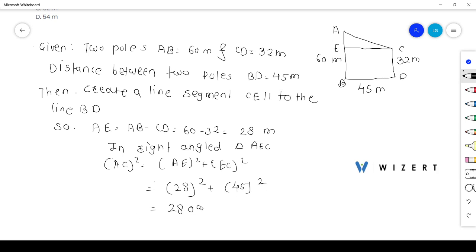So it is 2809. So after taking square root on both the sides, we get AC is 53 meters.